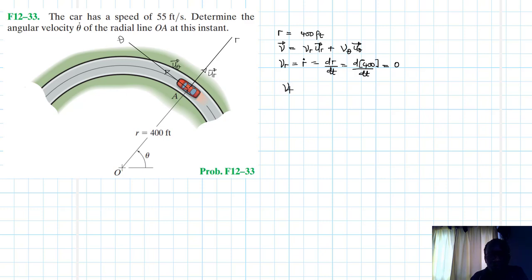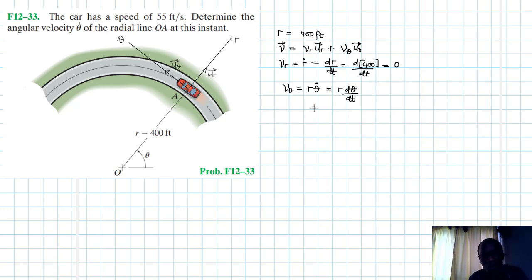And then we have V theta, and V theta is equal to r theta dot, which is just equal to r d theta with respect to dt. This is what it means.